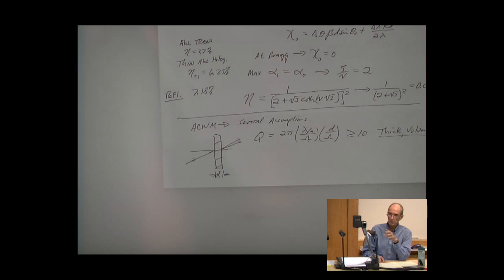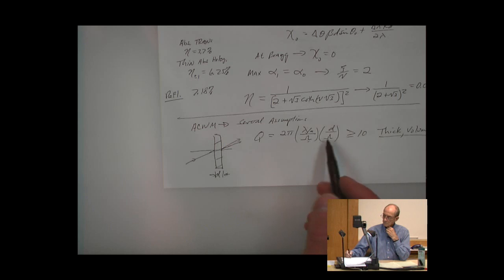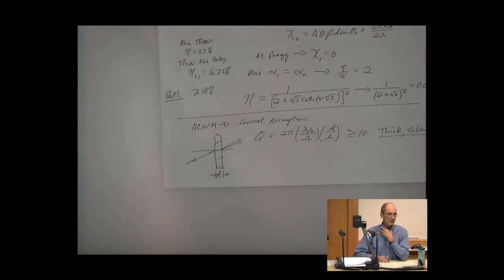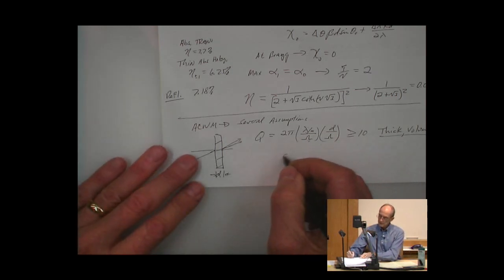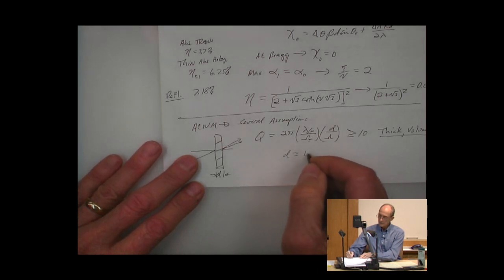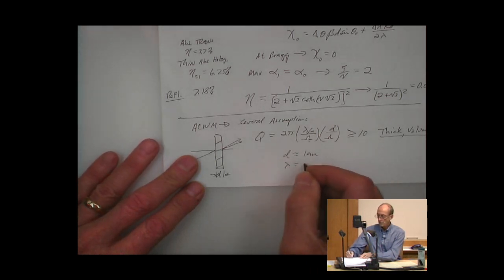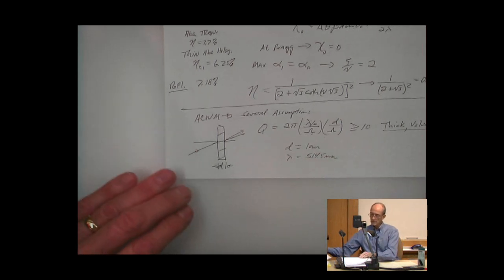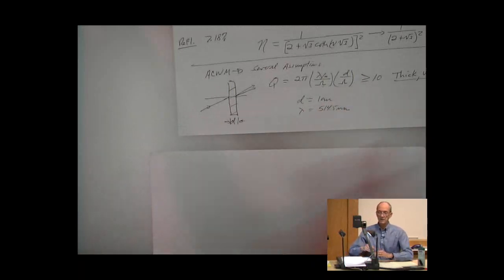But they were looking at photorefractive crystals, and those crystals are centimeters thick. So you would think that this condition would automatically be satisfied in this regime with a D on the order of 1 centimeter, and the wavelength, they were probably using 514, an argon laser line, so you would satisfy that Q being greater than 10.